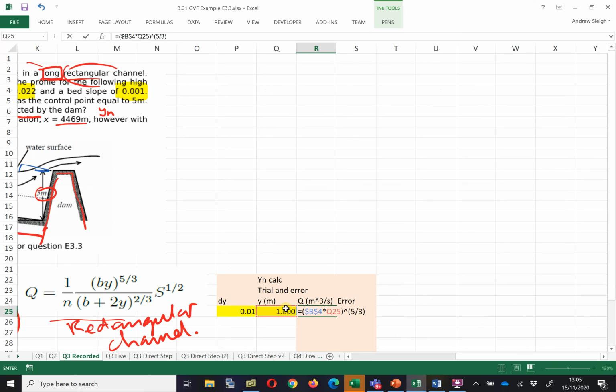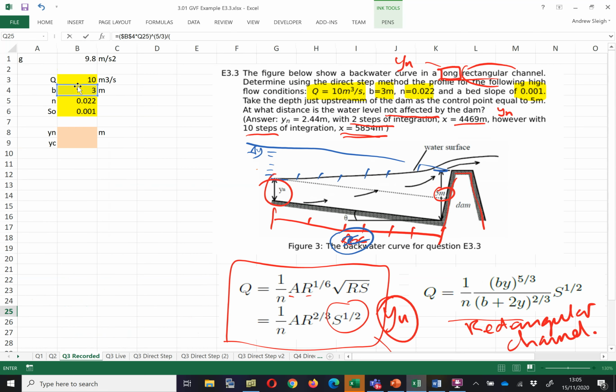We need to divide that by b, and we need to go back up to b here, fix that.